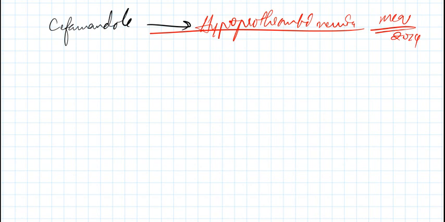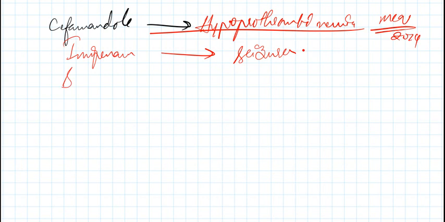Next, imipenem. These drugs cause seizures. They land up in seizures. Sulfonamides have some serious side effects called kernicterus. What is meant by kernicterus?